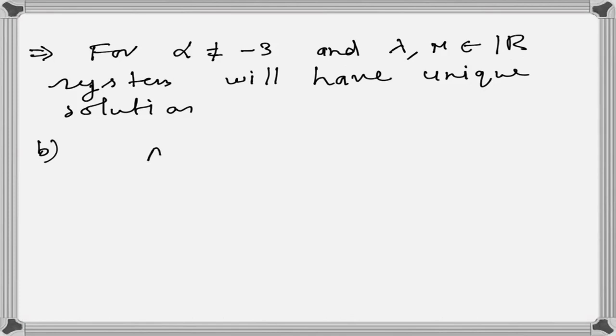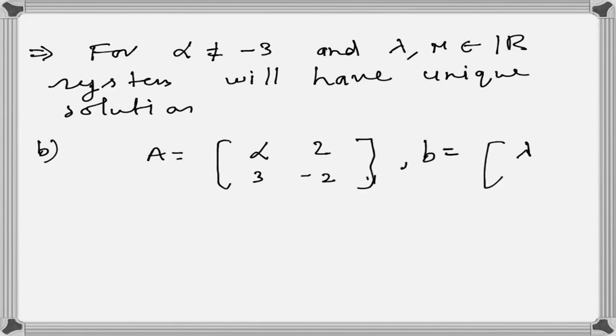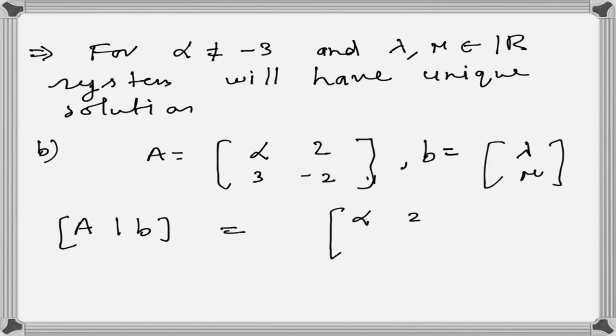So the A matrix is alpha 2, 3 minus 2, B is lambda mu. So we need to derive a condition on alpha, lambda, mu for which the system has infinitely many solutions. For that, let's consider the augmented matrix, which is alpha 2, we append this vector b also here, and 3 minus 2.